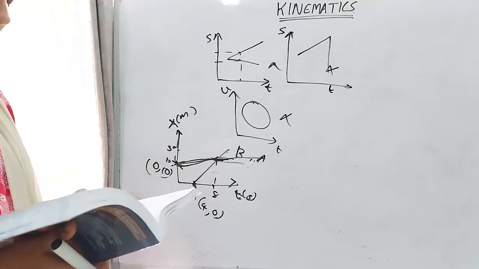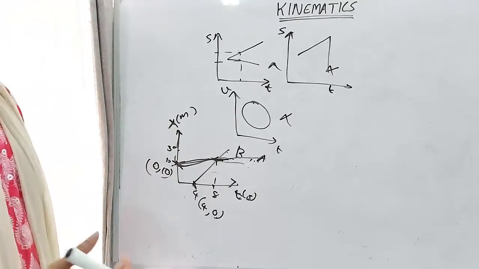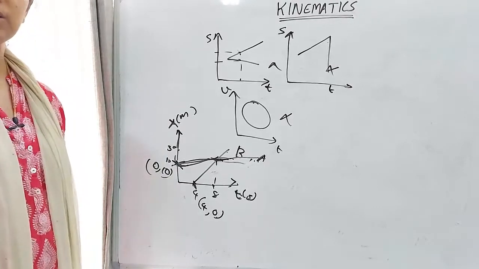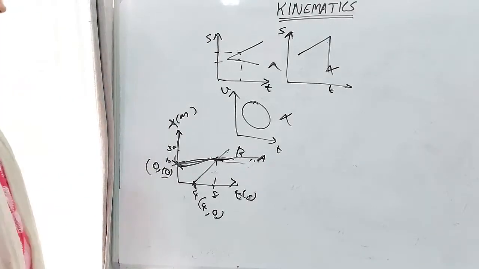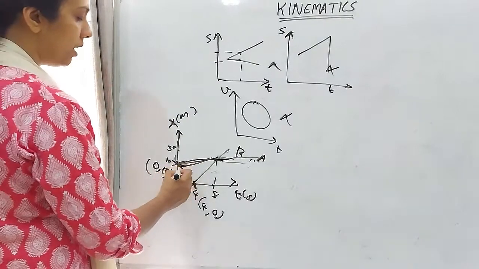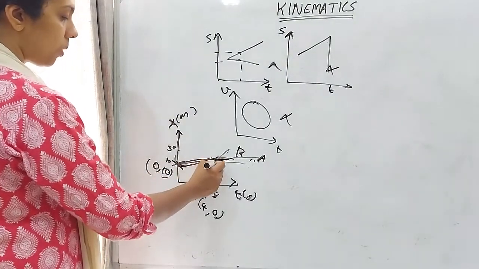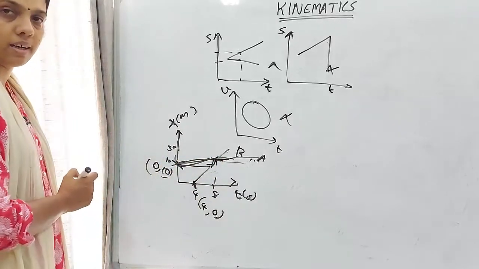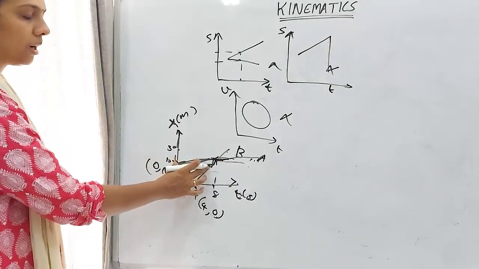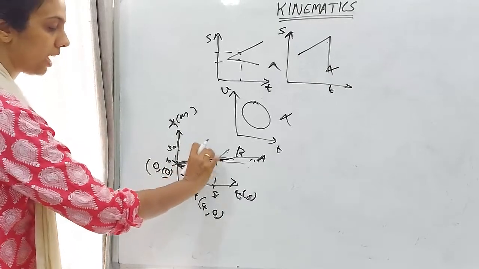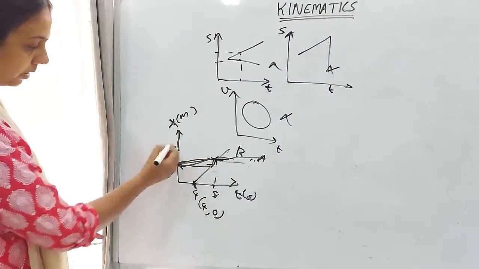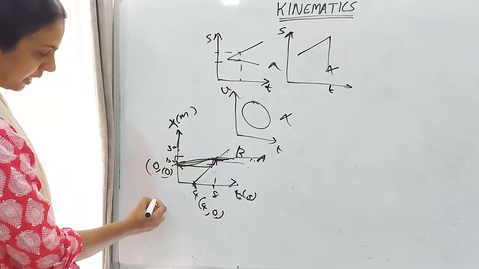Find the velocities of the two particles. How can we find the velocity? From the displacement time graph, we can take one small triangle and find the distance divided by time, that is dy by dx.